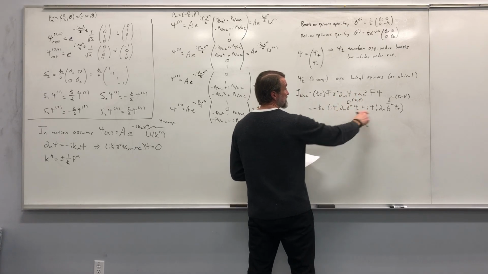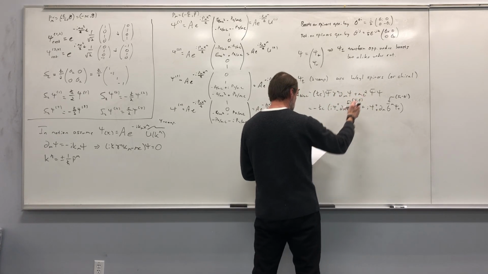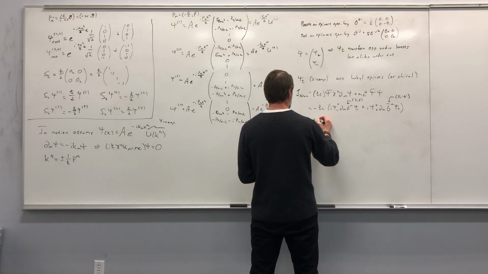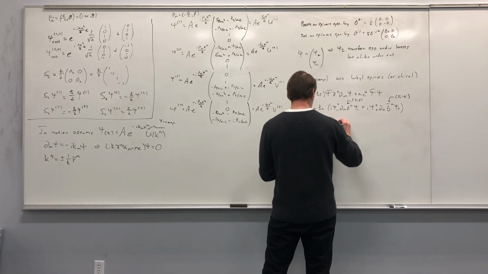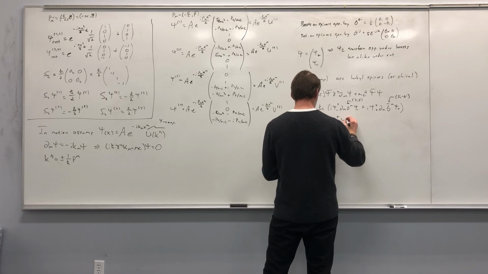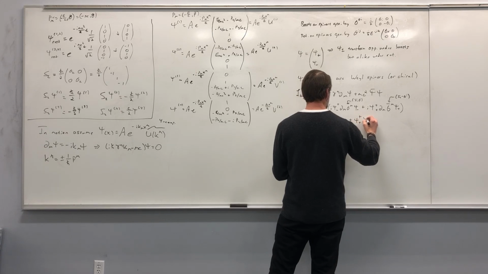And then, of course, we get a term from the masses. So this expression right here is just coming from the kinetic term. And then we get a term from the masses, and the mass term is going to be pretty simple. Plus mc squared, psi dagger minus psi plus psi dagger plus psi minus.